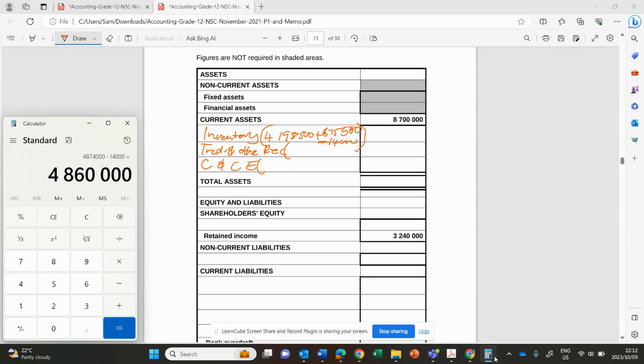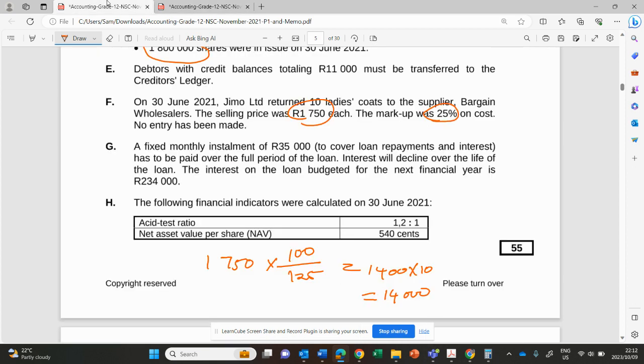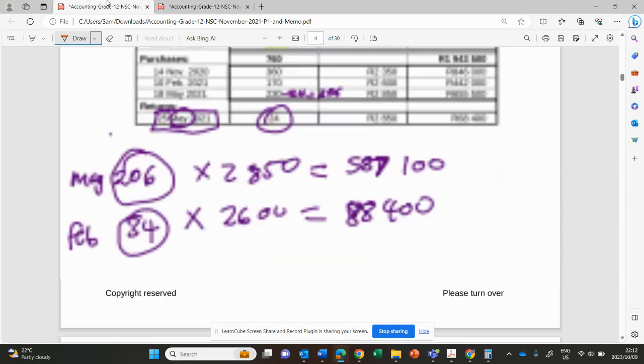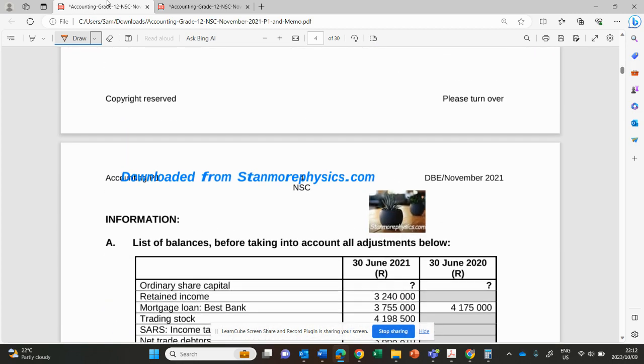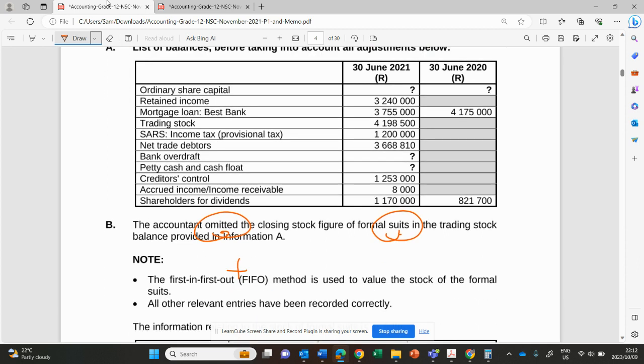Then we are having 4,860,000. You see? Then we are done with the inventory.